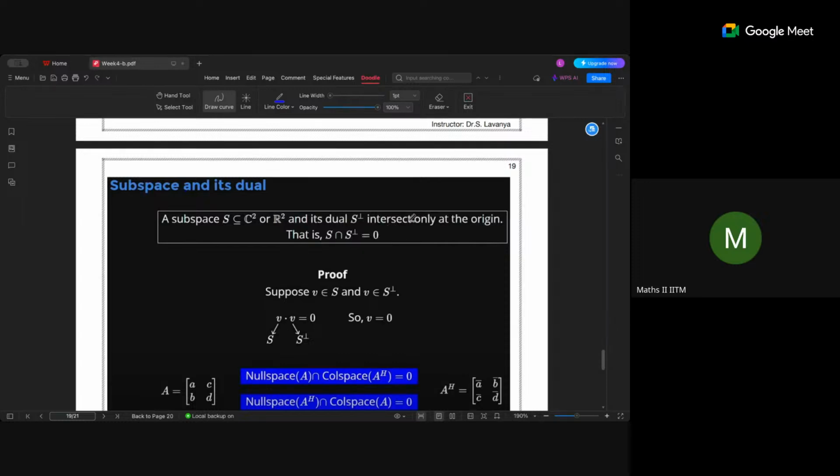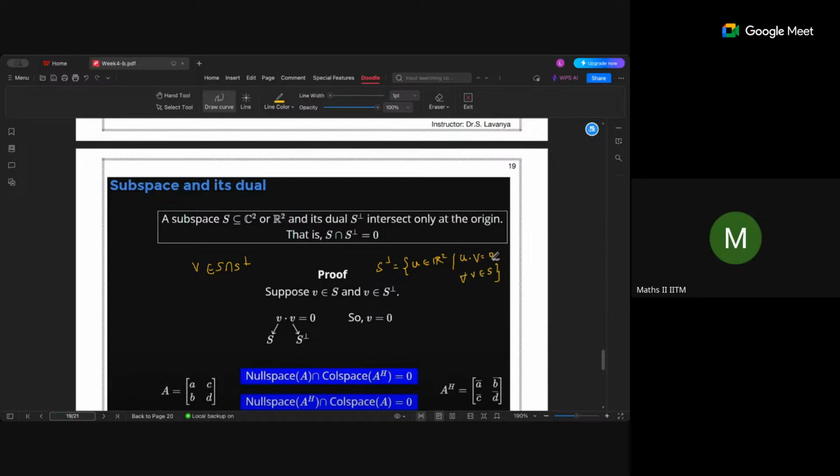Let us say you have some vector V in S intersection S perp. So V is in S as well as in S perp. Now what is the definition of S perp? S perp is the set of all U in R2 or C2 such that U dot V is equal to 0 for all V in S.